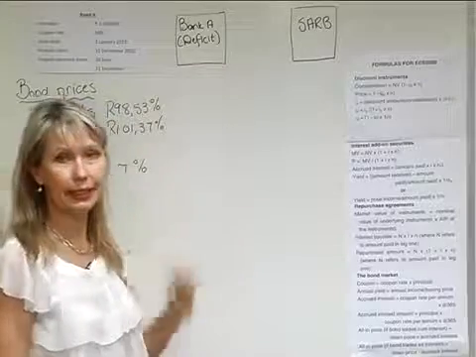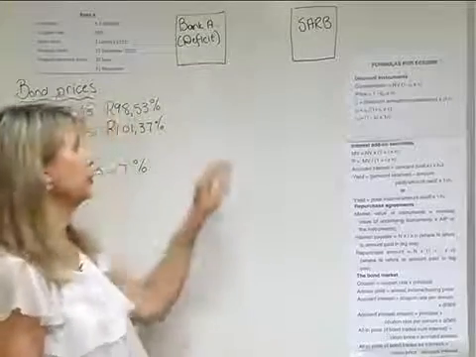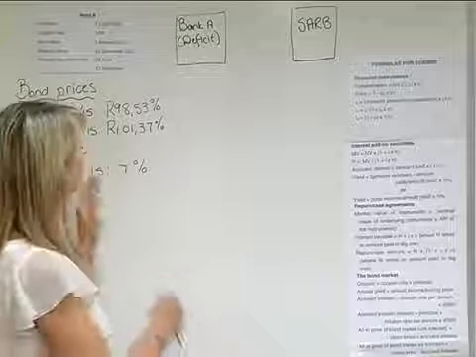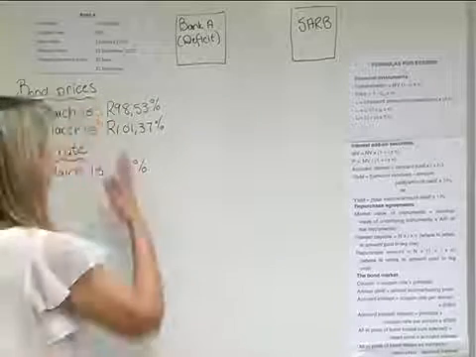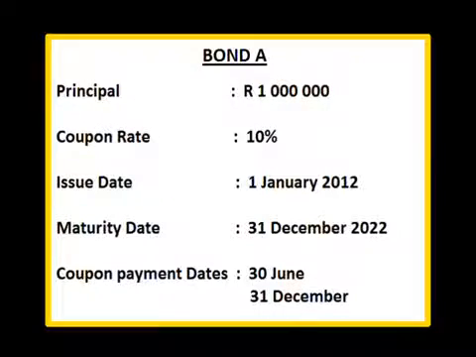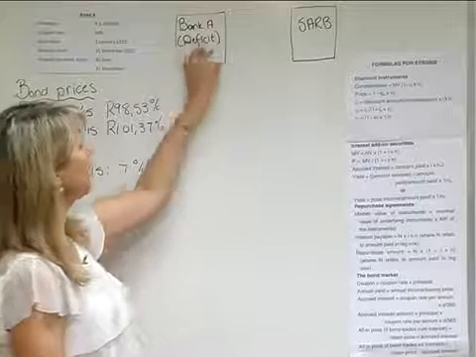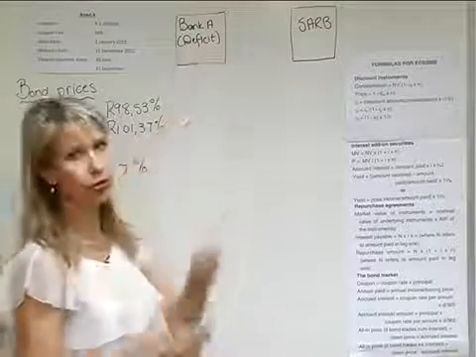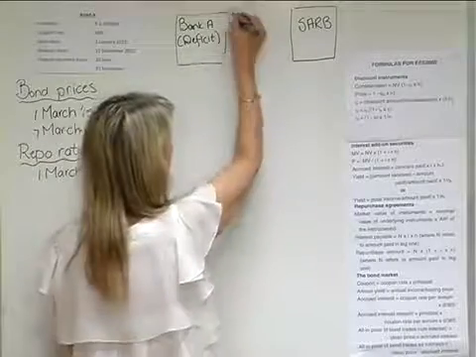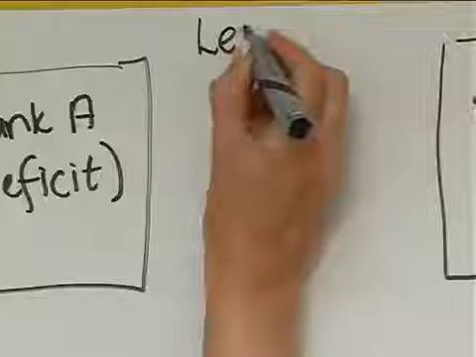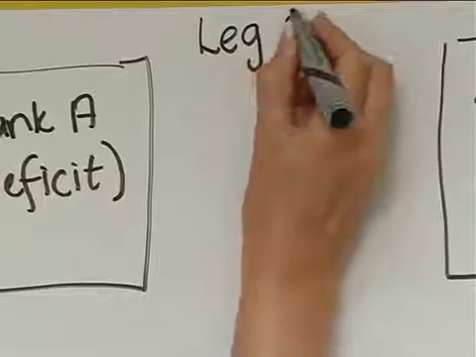of the banking system. So what will happen is that there is a financial instrument, a bond, a financial asset that is sold by Bank A to the Reserve Bank, and that happens in the first leg. So this transaction has two legs.